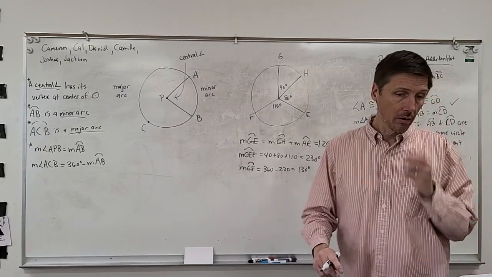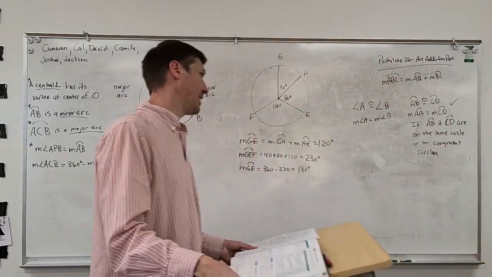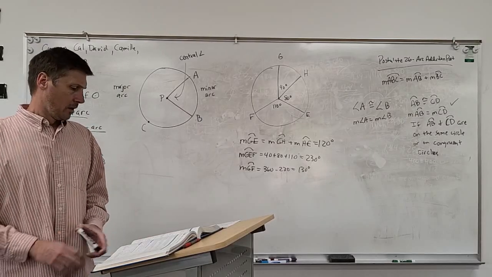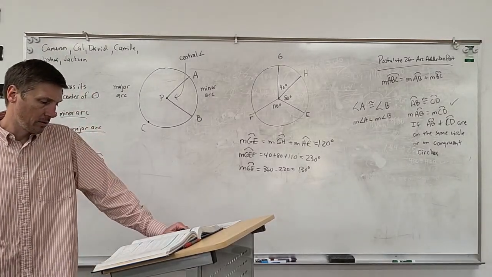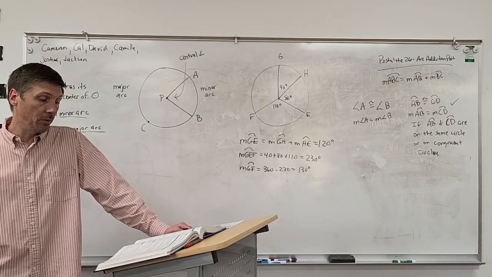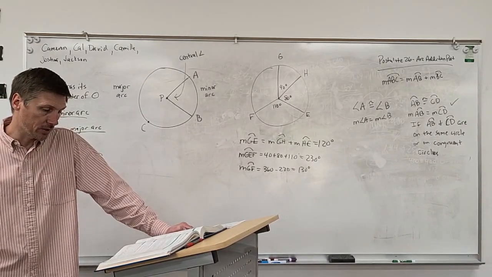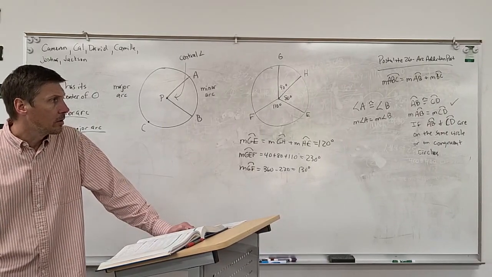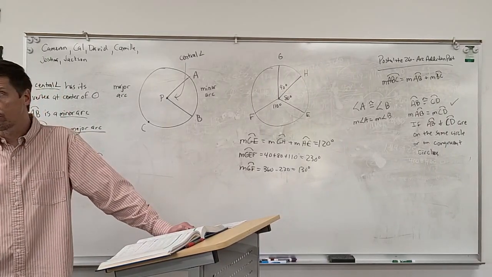All right. So the answer actually for this one is that they would not be congruent. Even though we would say degree-wise that their measurements are the same, they're not congruent because they're not on the same circle or congruent circle.